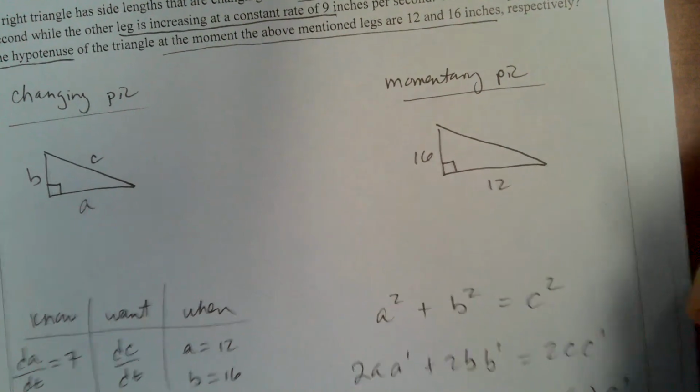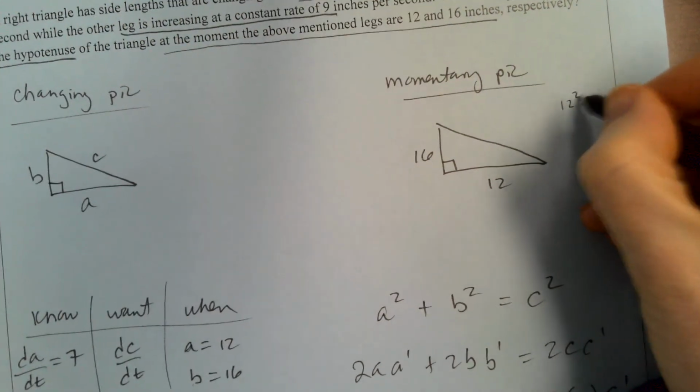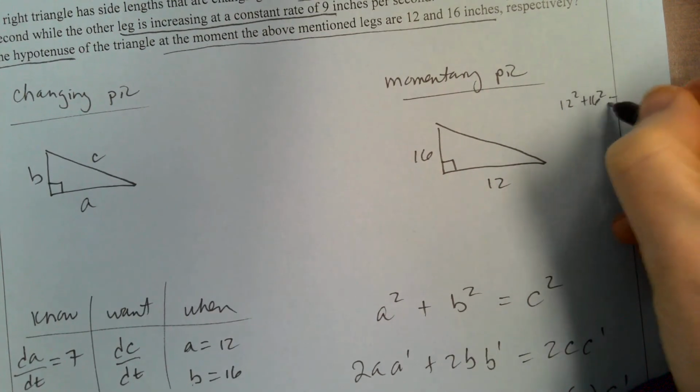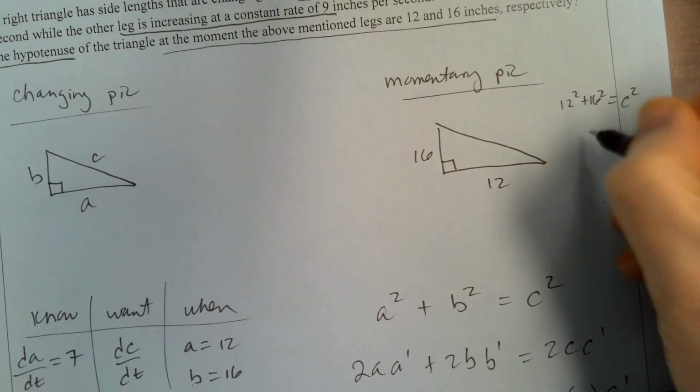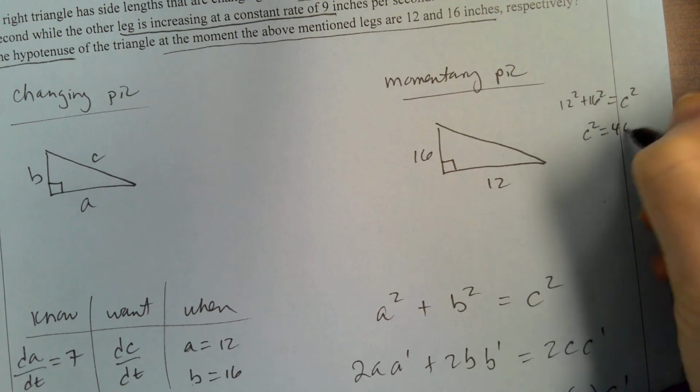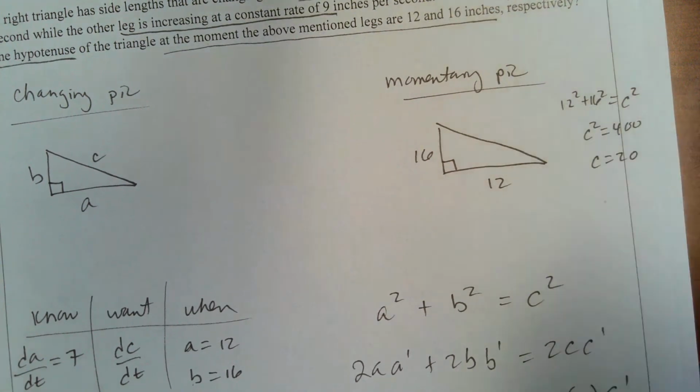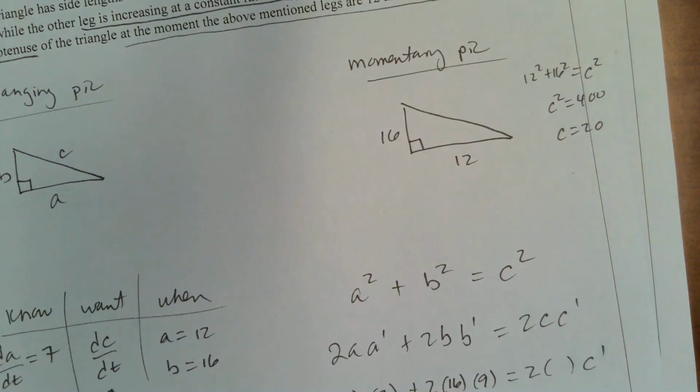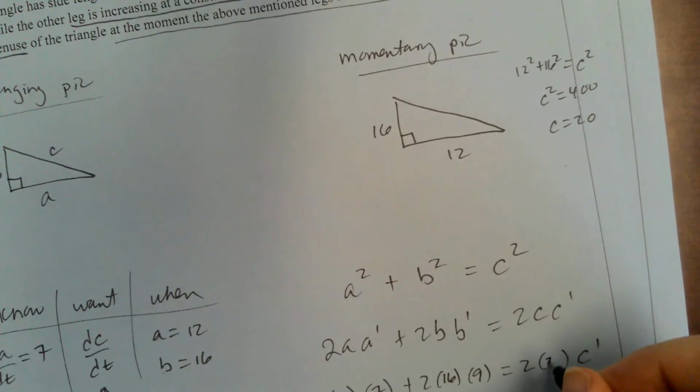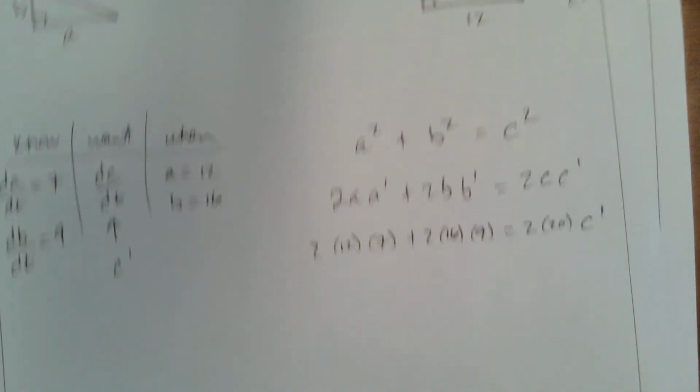Okay, so we can go 12 squared plus 16 squared is C squared. So you end up with C squared equals 400. C is 20. I'm pretty sure I already did it. I'm just trying to save us some time, guys. I think I already did it. Yes, it's 20. So 20 goes in there.